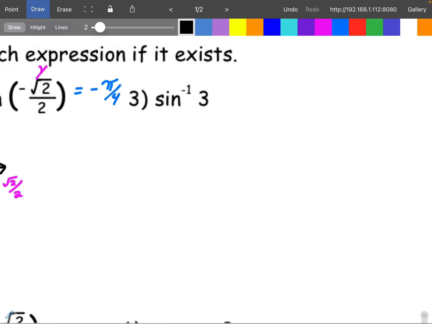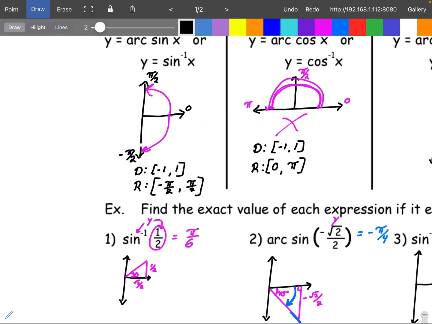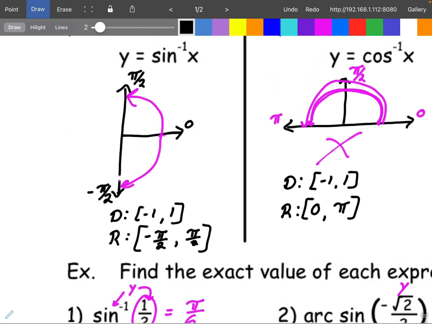Now take a look at number 3. So inverse sine can only happen in quadrants 1 and 4. Now, 3 is positive. However, think about this. For inverse sine, take a look back over here.